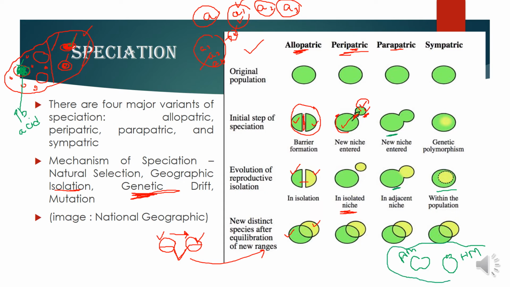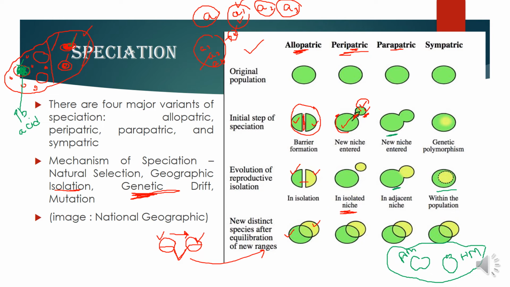So this is the apple maggot, and this is the hawthorn maggot. These two species existed in the same area.